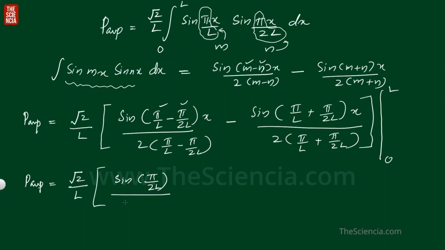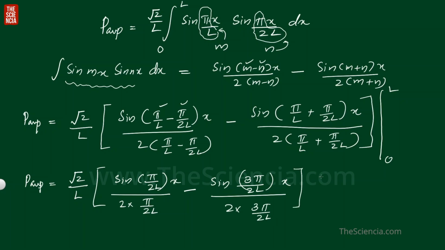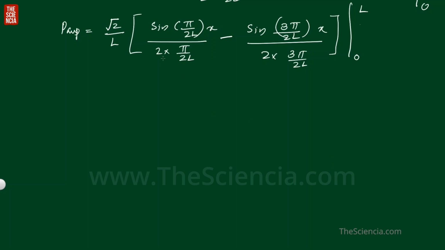So sin pi x by 2L divided by 2 into pi by 2L, minus sin 3 pi x by 2L divided by 2 into 3 pi by 2L. And we have to substitute the limits 0 to L. And here you can see these values cancel. The 2 and 2 cancel. And now we can substitute the upper limit.